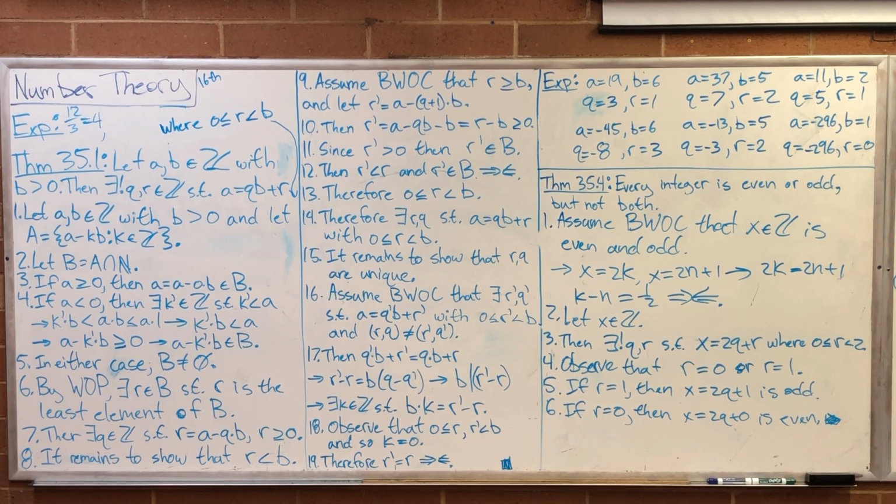Whatever integers A and B are, we can divide them by n. And we'll get a quotient for each of them and a remainder for each of them. You with me? Yeah. Okay.